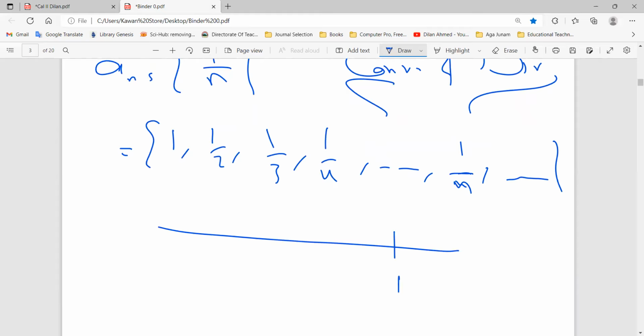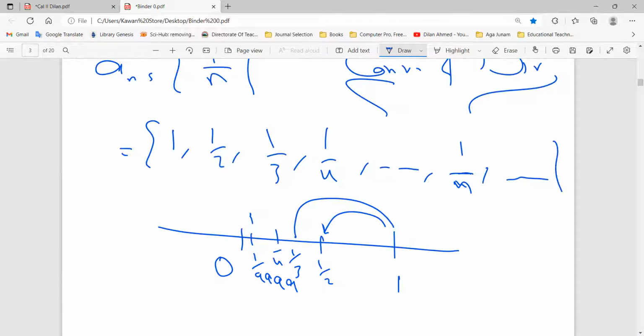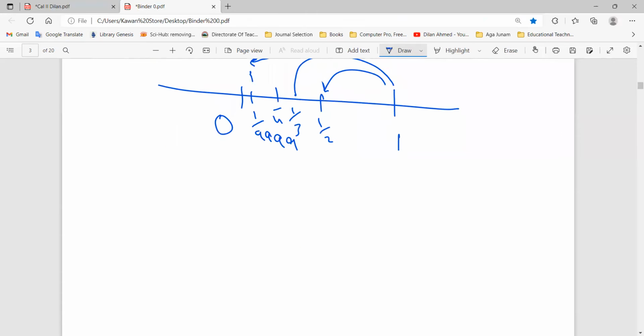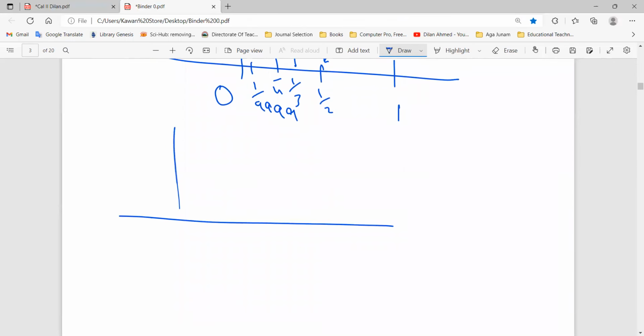Next step, I am where? 1 over 2. Am I right? How about after that one? If this is 0, 1 over 3, 1 over 4. Am I right? So I'm going to where?